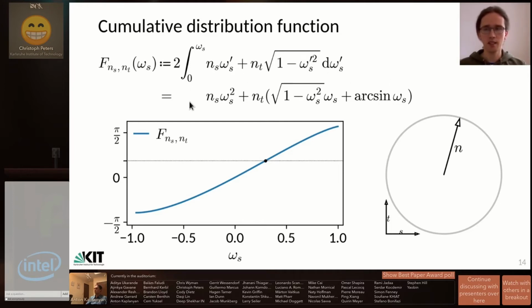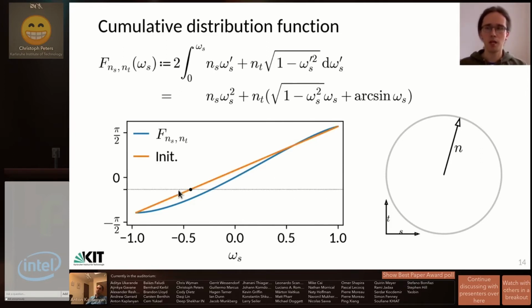As far as I can tell, it's not possible to do so in terms of elementary functions. Therefore, we need an iterative procedure that approximates this solution. So the first step is to come up with some initialization that's inexpensive to compute and accurate enough for our purposes.